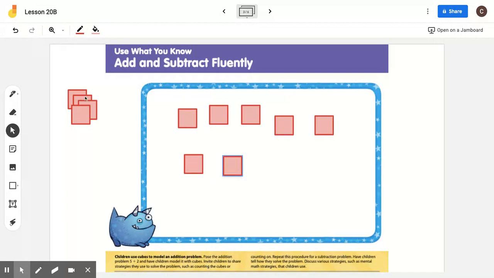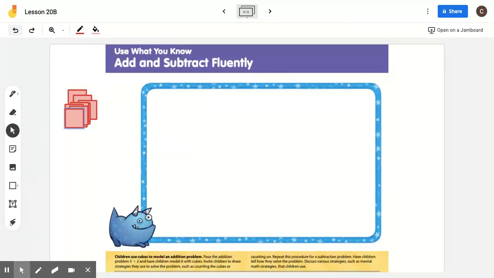Very good. Now, what if I didn't have any cubes? What could I do? I maybe hold up 5 fingers and then add on 2 more and count up. Very good. Let's think about a subtraction problem. If I have 6 minus 3, you might be saying, oh, I'll put 6 cubes.